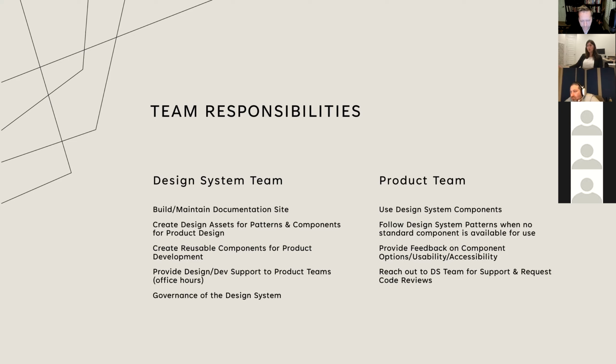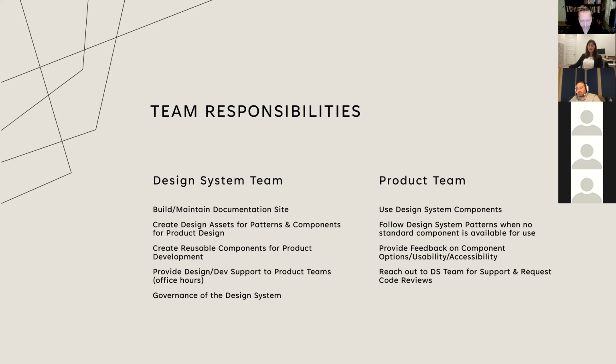Product teams is probably more what you're familiar with. But in terms of design system, they'll be using the system components. So making sure that they're aware of what's out in the design system, following those standards and practices, providing feedback on components.